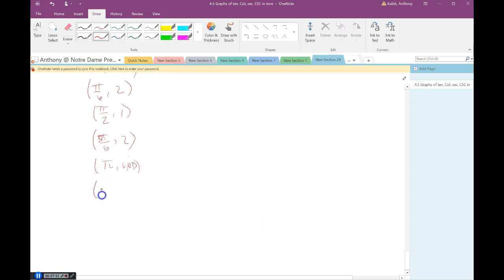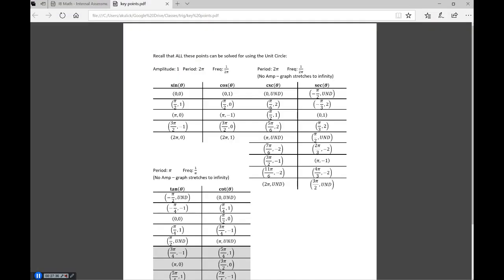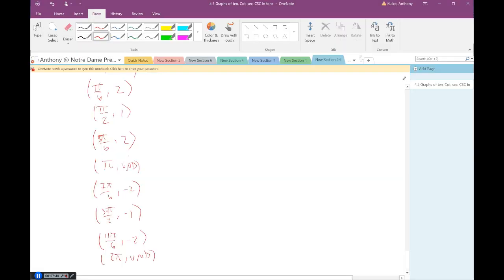And we're just gonna copy some stuff down off of the key point sheet. It's so much fun. It's not really any fun, guys. 11π/6, -2, 2π undefined. Did I do all those right? Yes, it looks like it.